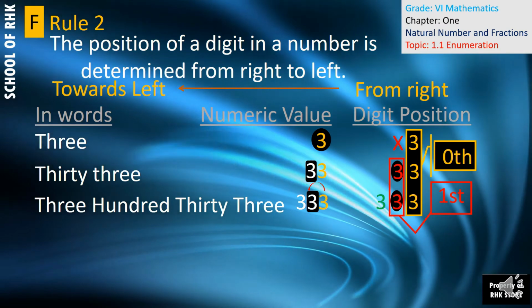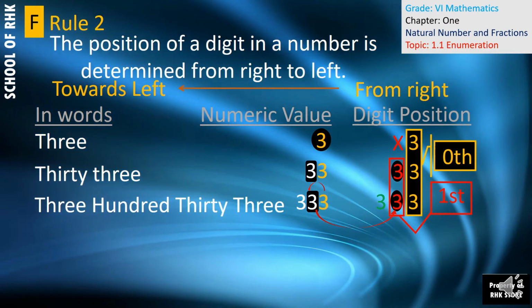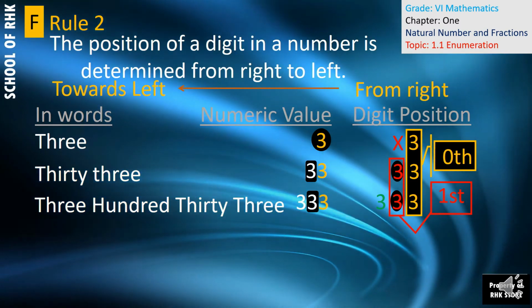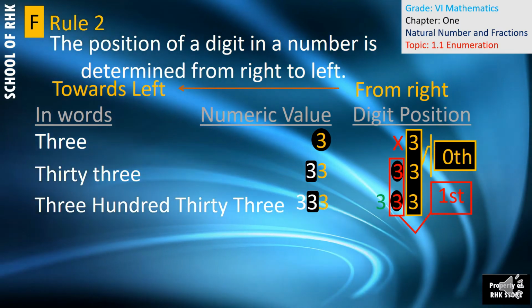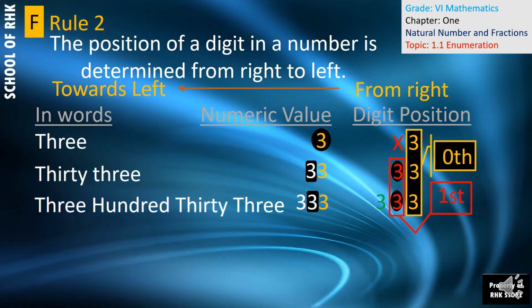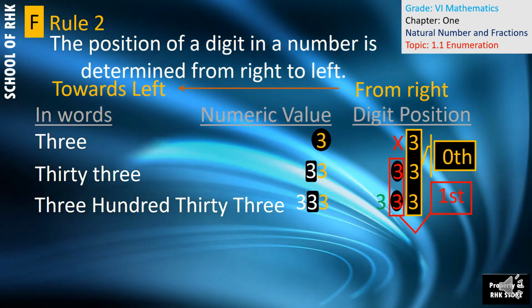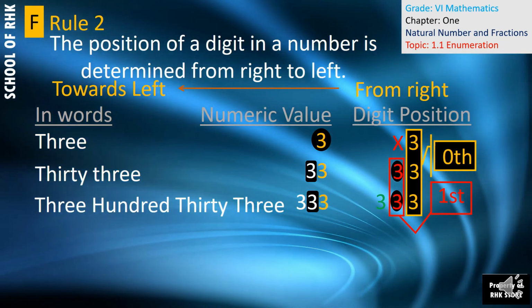And this position of the digit on the left is first for 333. To be very clear, considering the 0th or extreme right digit of the numbers 33 and 333, the first digits have been marked in red color and enclosed in a red colored box to indicate their position.